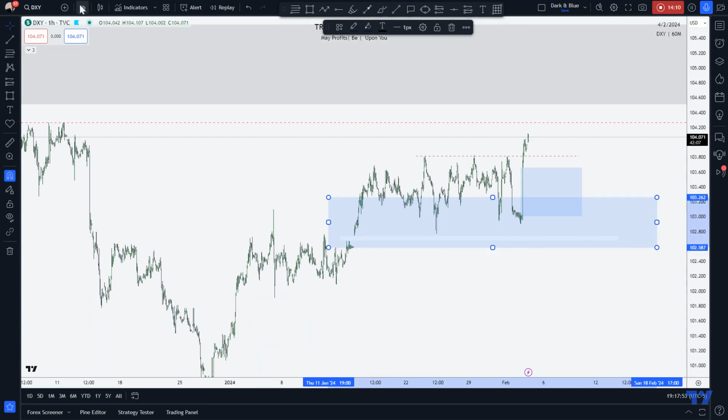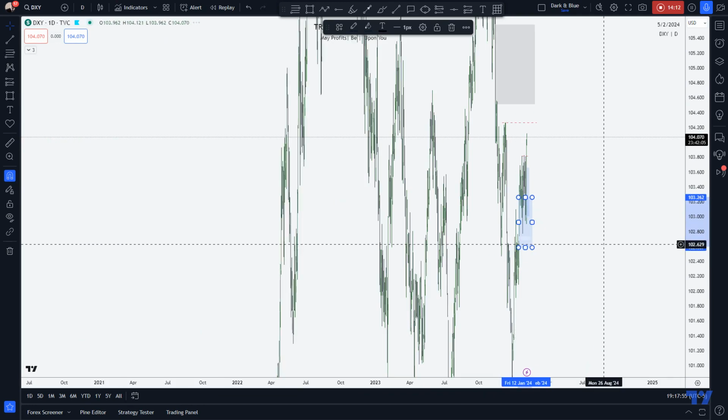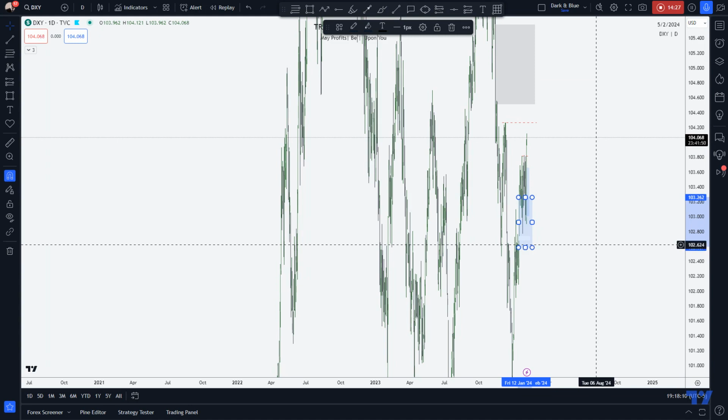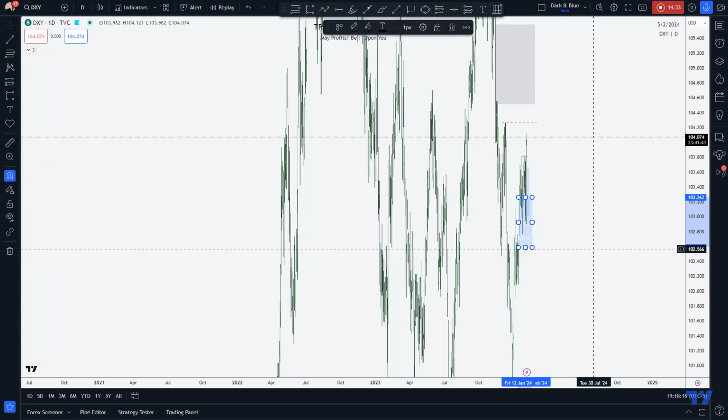With this in mind, I want you to think Euro USD, Pound USD, NZD USD, New Zealand dollar USD, or Aussie dollar USD, USD CAD, Canadian dollar, or US dollar Swiss. You want to take those last two and go long with those.